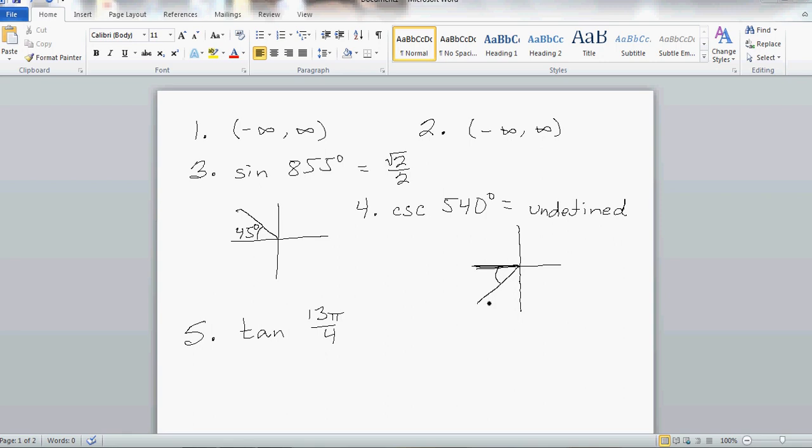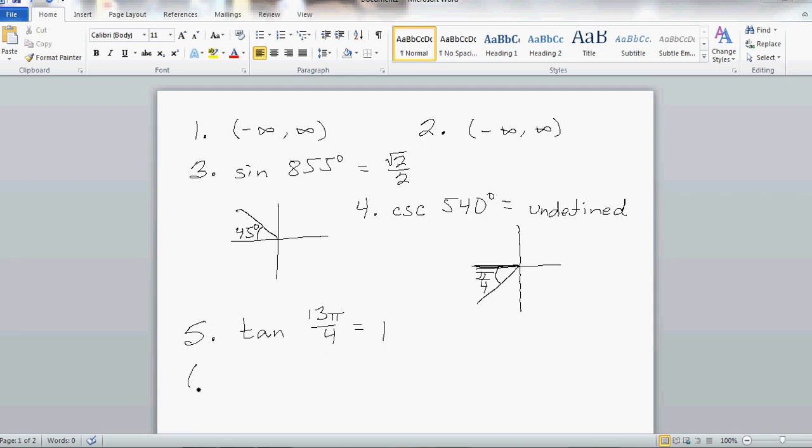The reference angle would be right here, and this reference angle, if we go all the way around, that's 8 pi over 4, 12 pi over 4, which would leave pi over 4. So, all students take tangent is positive in this quadrant, and so we know our answer will be positive, and the tangent of pi over 4 is 1.